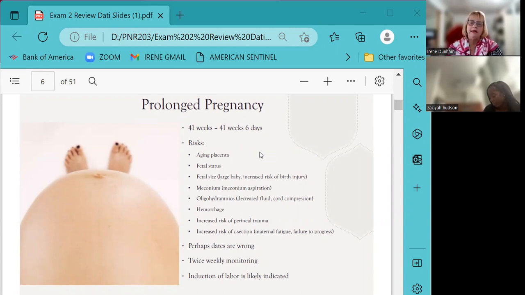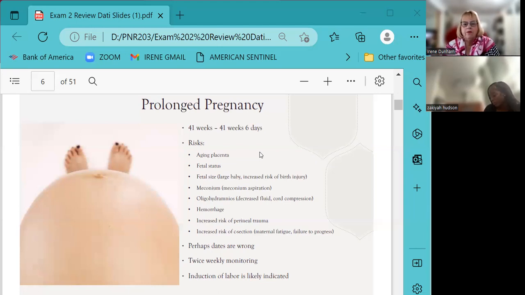Remember, the placenta is a temporary endocrine organ. It's also a temporary respiratory organ. And so it gets old because the body knows this placenta should last about 40 weeks. When you start getting into 41, 42 weeks, everything starts to get old. The baby gets big. There's no doubt about it.